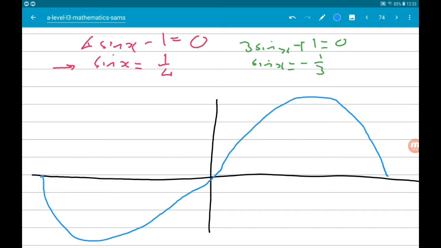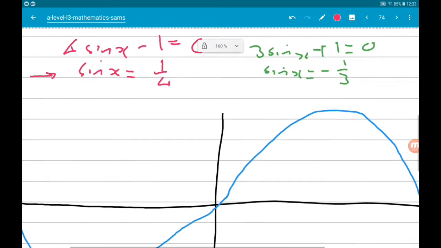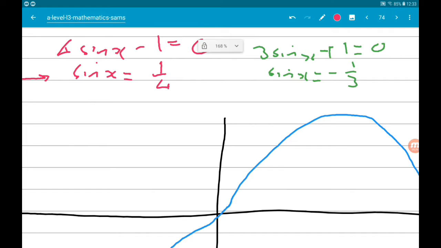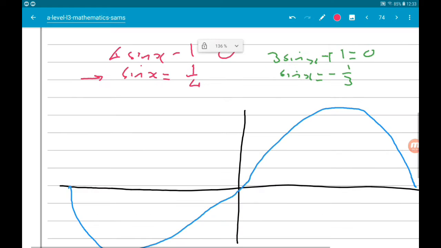Okay, now then, let's first of all do sine of x is equal to 1/4.